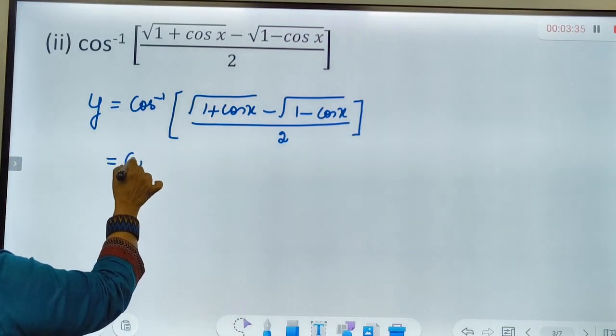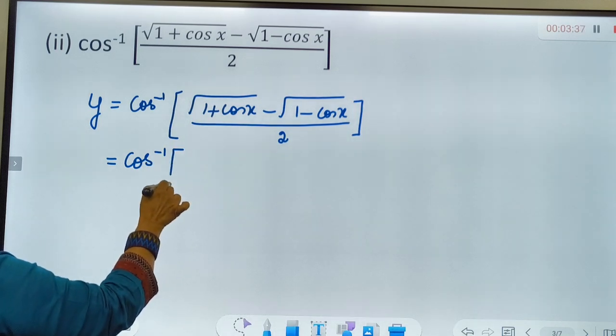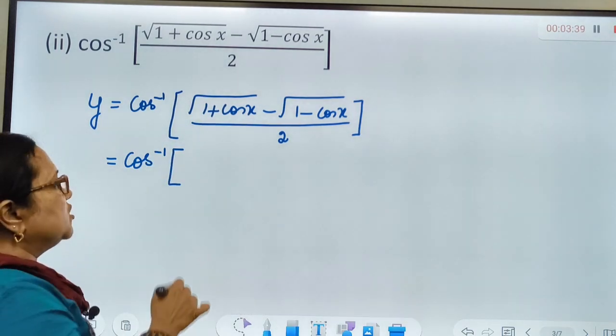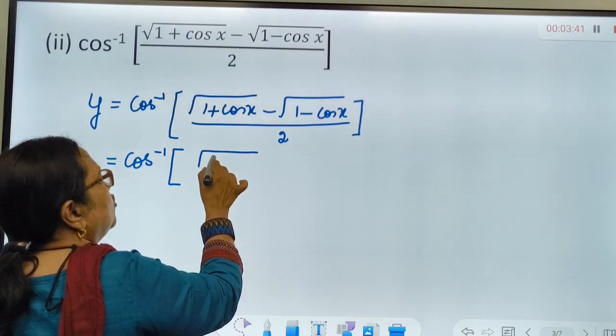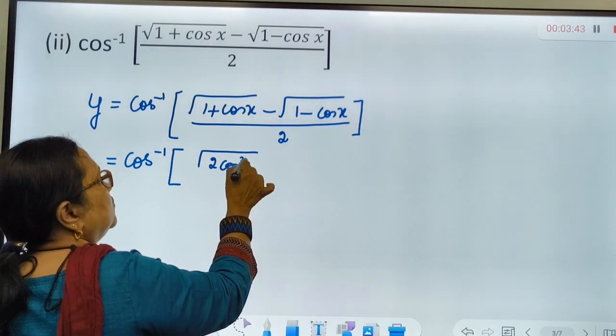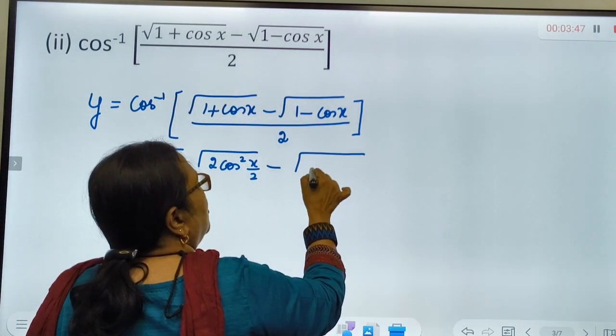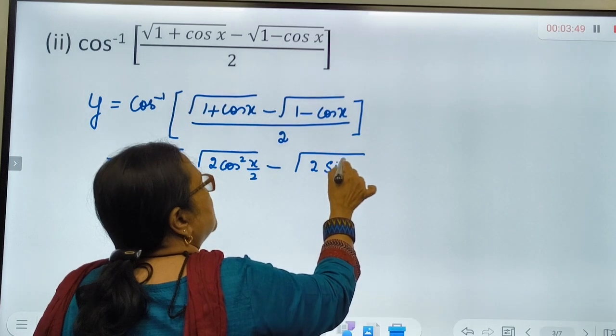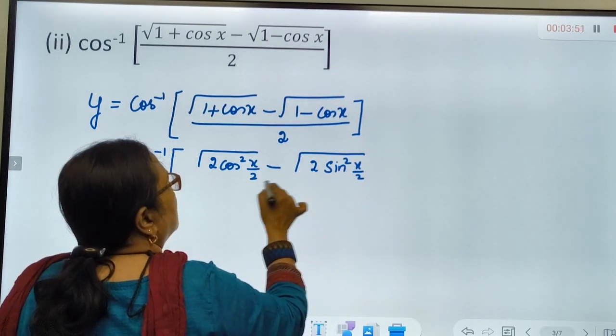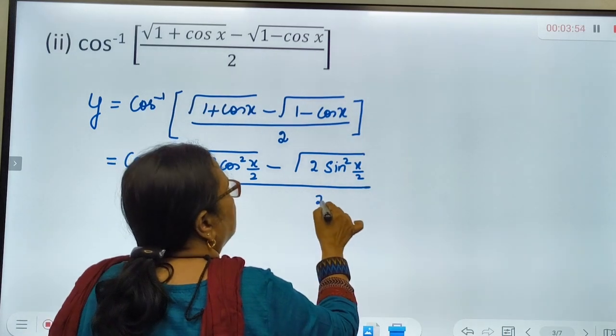This is further cos inverse of (root of 1 plus cos x, you know, is root of 2 cos square x by 2, minus root of 2 sin square x by 2) divided by 2.